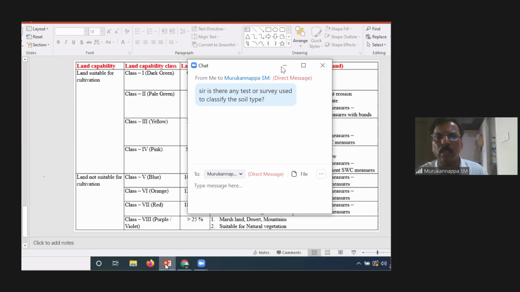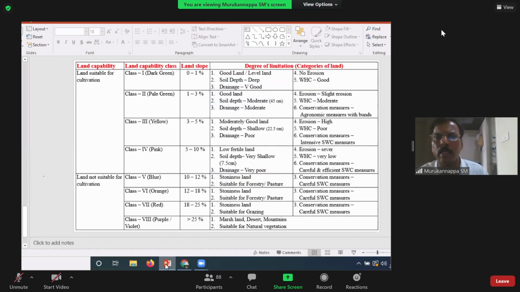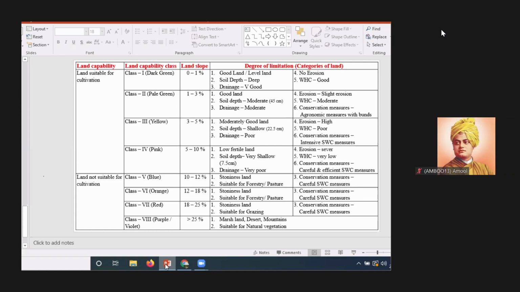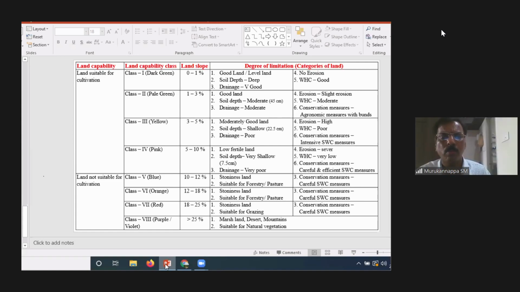In the third category, not only agronomical practices, it needs more intensive soil and water conservation measures. If you go to the fourth category, you have to cultivate the land with very careful and efficient conservation measures. Like that, there is a distinction between all the categories of land.